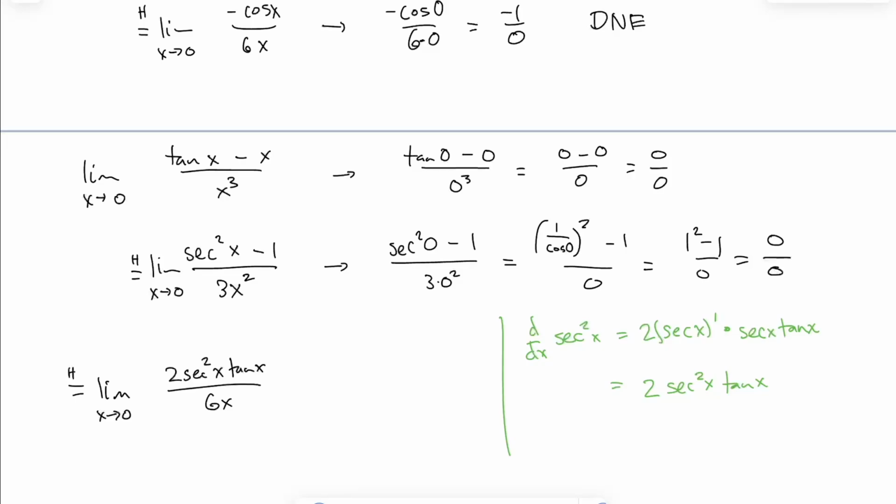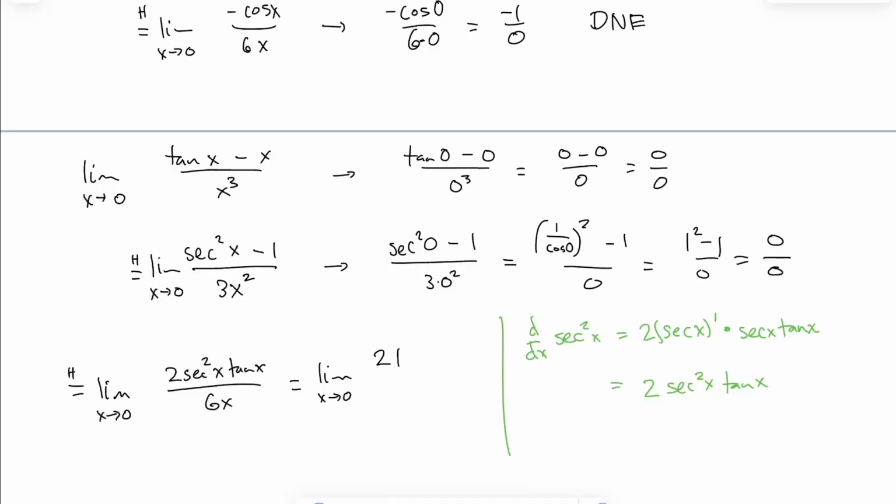We should try to plug in again. Actually, maybe because the numerator has no addition part here, I would rewrite this rather than using secants upstairs, put them as cosines downstairs. I just feel better about having cosines instead of secants. If you like secant, you can leave it where it is if you like, but I'm going to say, and can we cancel the 2 and the 6?